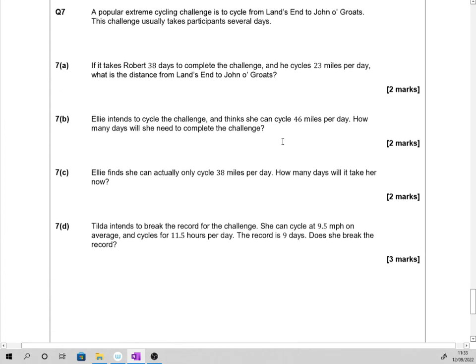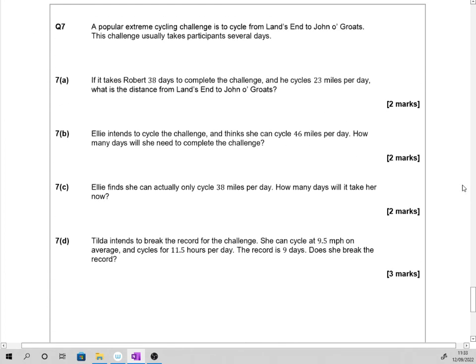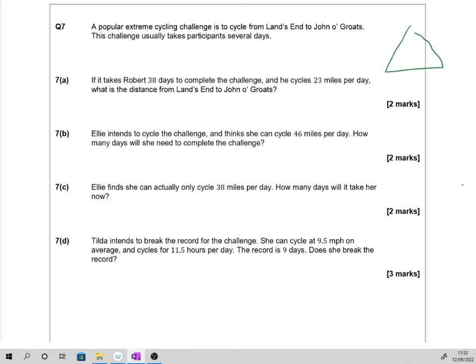Right. A popular cycling challenge is to go from Land's End to John O'Groats. This usually takes ages. Right, it takes Robert 38 days to complete the challenge and he cycles 23 miles a day. What's the distance?